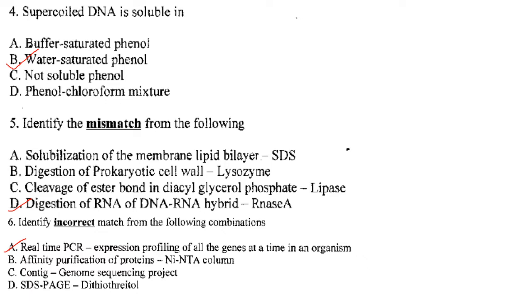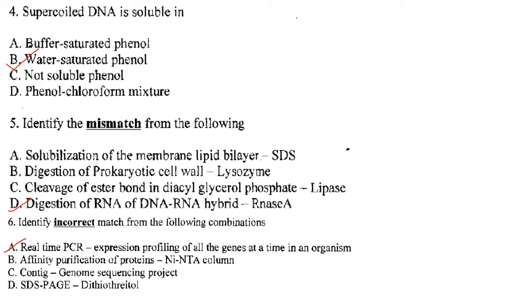Then next one. Identify the correct match from the following combination. Real-time PCR, expression profiling of all the genes at a time in an organism. In real-time PCR, the accumulation of amplification product is measured as the reaction progresses in real time, with product quantification at each cycle.